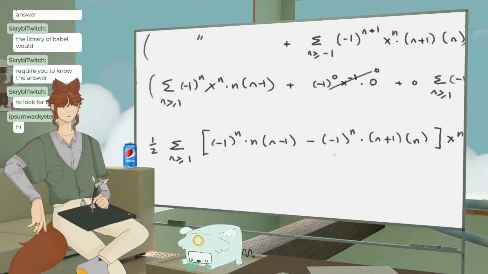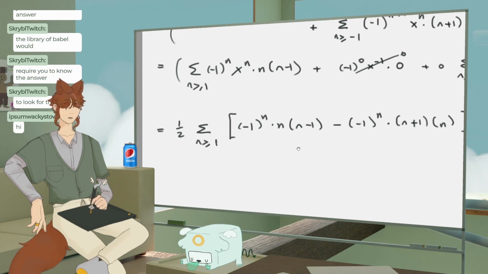I can make it a little nicer by saying 1/2, I guess we do n minus 1. Wait, how would I do this? -1 to the n times n minus 1 minus n minus 1?